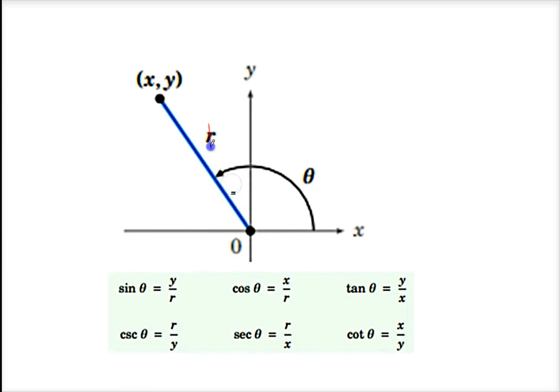If this radius has a length of 1, then our sine is y over 1, which just equals y. Our cosine is x over 1, which just equals x. And tangent didn't have the radius involved anyway. So as we move to the unit circle, we don't have to worry about our r, because in a unit circle, the radius is always 1.